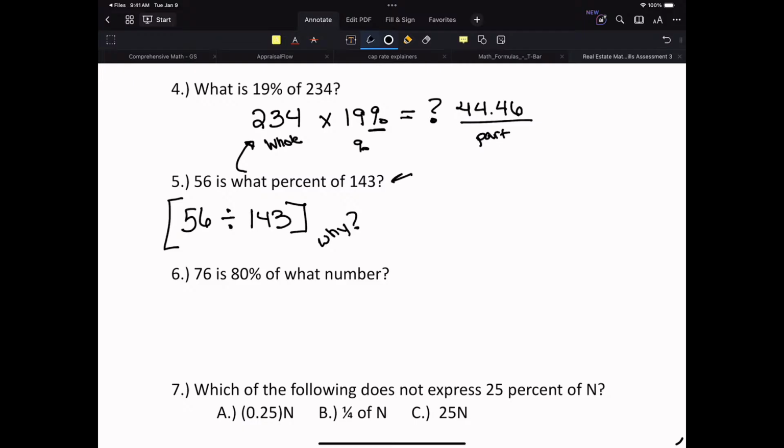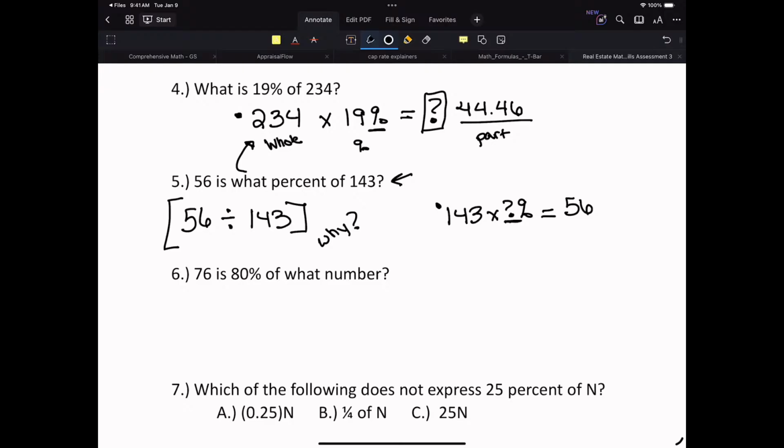Well, we could do the same thing here, except we're looking for something different. This time, we're saying the answer is 56. And we multiplied this by some percentage, but we started with 143. See how this and this are basically the same? We're just looking for something different. We're looking for our unknown.